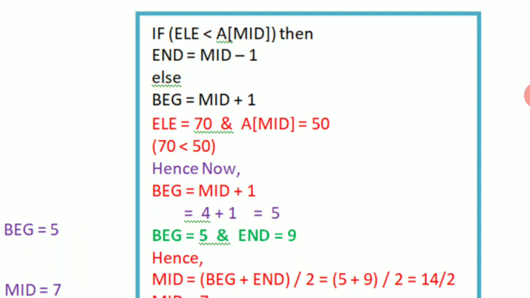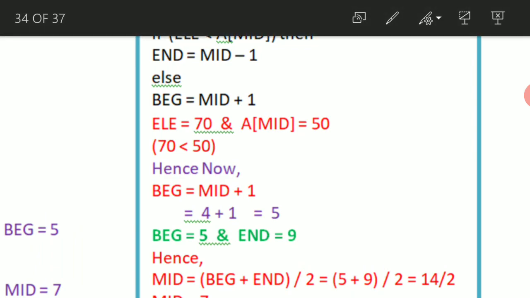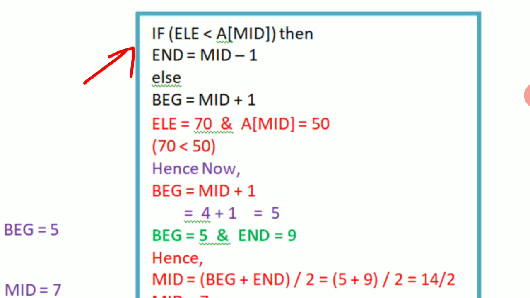Henceforth, we will ask for some condition here: if the element is less than A of mid. We ask what element you are searching, whether it is less than A of mid.